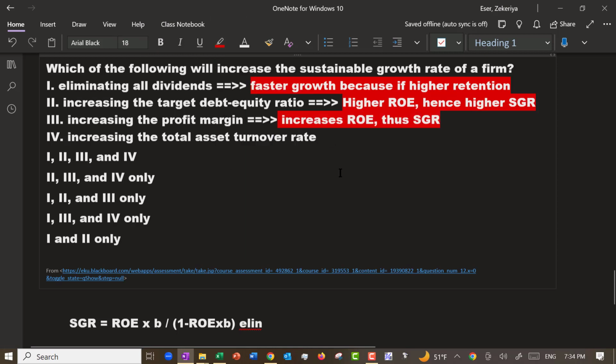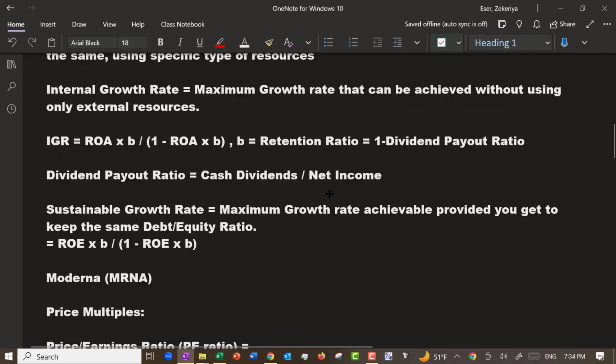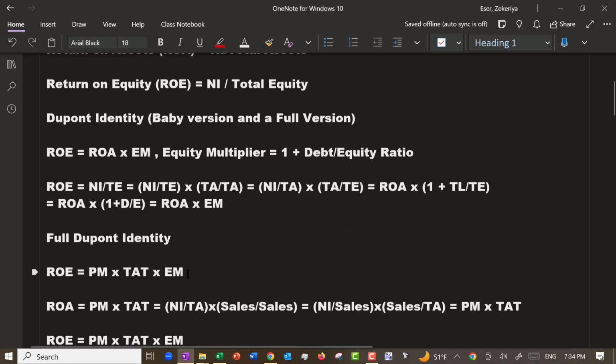If you increase TAT, what happens? Remember the DuPont? ROE is profit margin times TAT times equity multiplier.